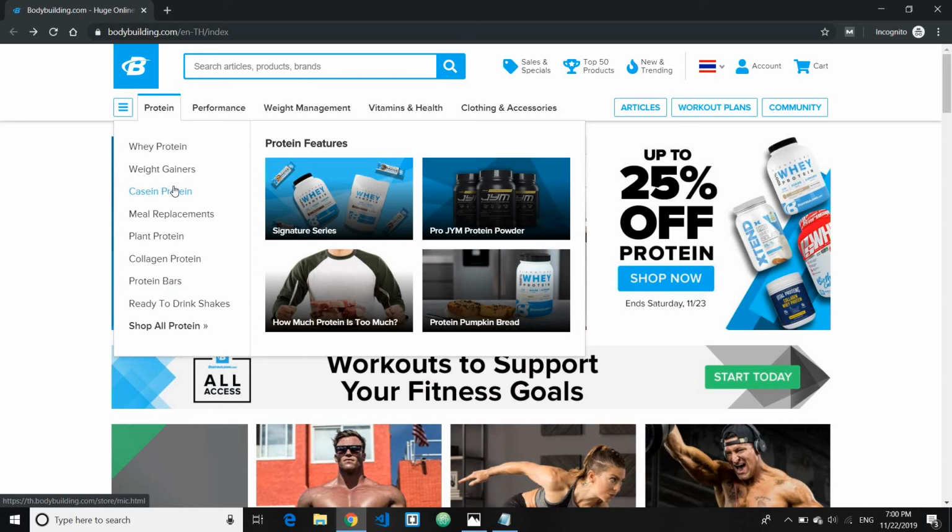So everything depends on your website setup. It can be up to 3 levels deep, 4 levels deep, or even 10 levels deep. But you need to make sure that each section of your website is interlinked together, and grouped together accordingly. As you can see, proteins can be further broken down to whey protein, weight gainers, casein proteins, meal replacement, plant proteins.